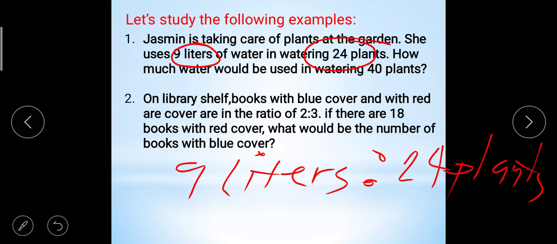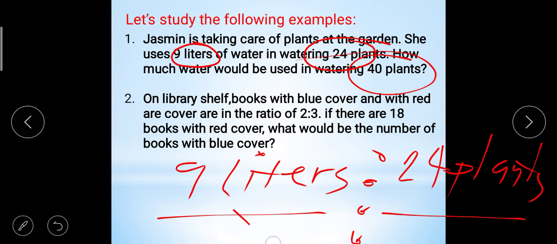Okay. 9 liters is to 24 plants. So, ang meron lang tayo is 40 plants. So, we are missing the water. So, we represent the water since missing siya as X. And then, yung plants is 40.